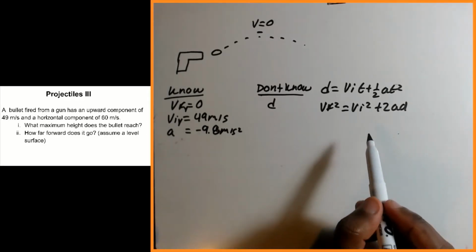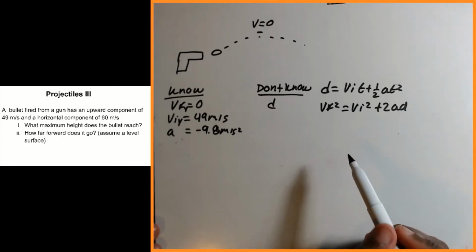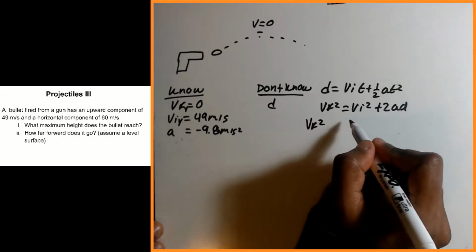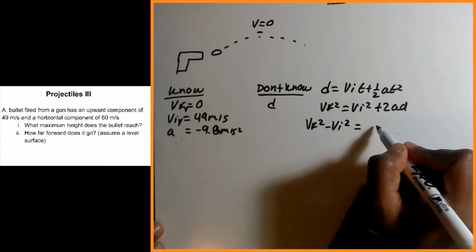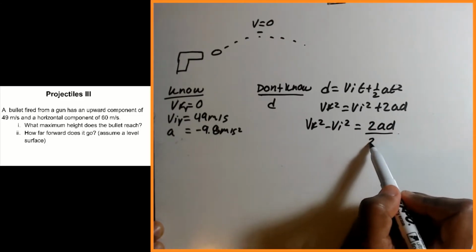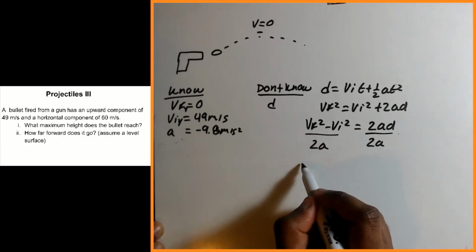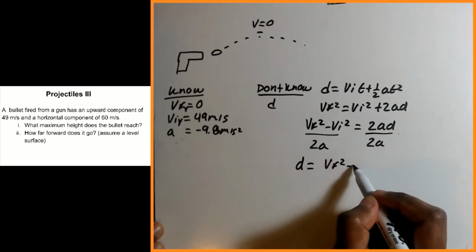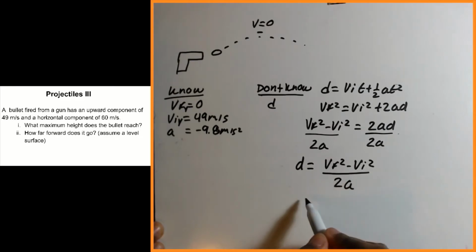So what we could do is solve for distance and then plug in the values. If we have v_f squared, we just want to subtract v_i squared from it. So we get that equals 2ad, and we divide both sides by 2a. Then distance is equal to v_f squared minus v_i squared all over 2a.